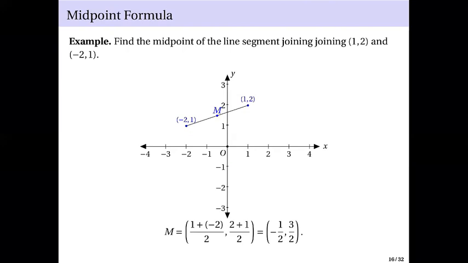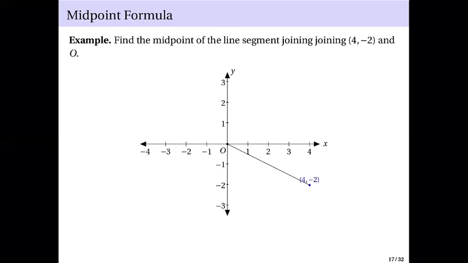Okay. Another problem here. This time, we want to find the midpoint of the line segment joining 4, -2 and the origin. Remember, the origin has coordinates 0, 0. So this is just 0, 0.